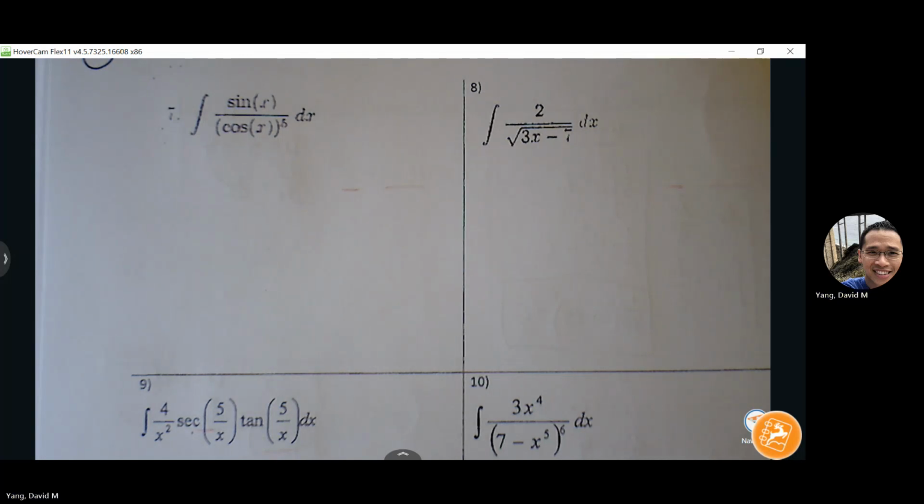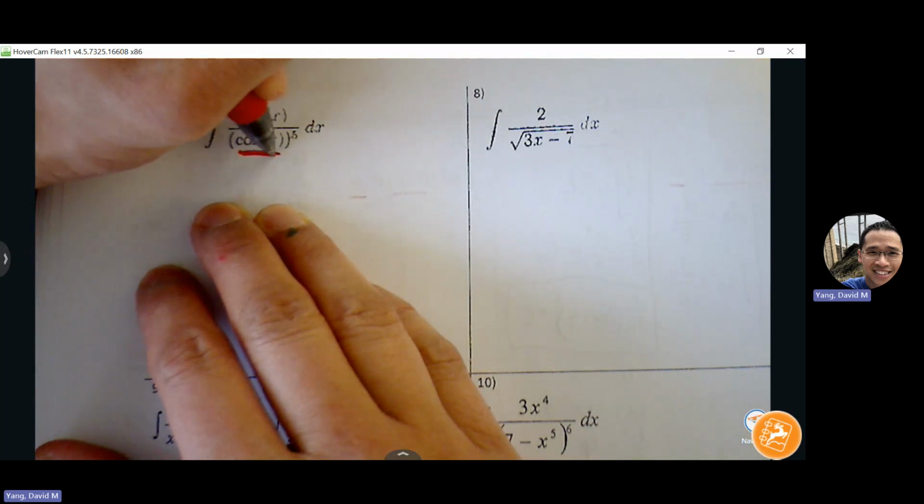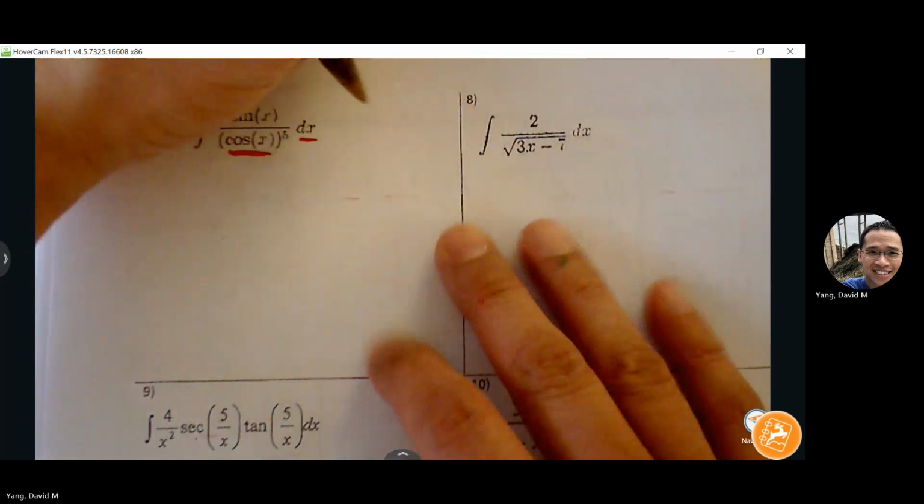What could be our u value? Cosine x, right? We do see x in parentheses, but again, it's never just going to be x. It's going to be something larger. We see a larger set of parentheses below, and that's what we can do to target that.